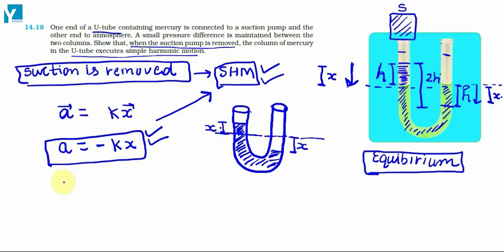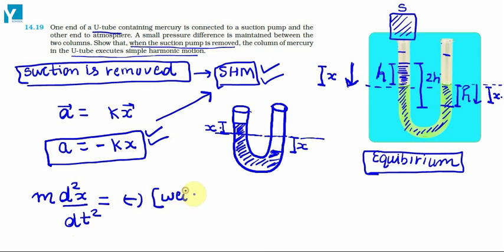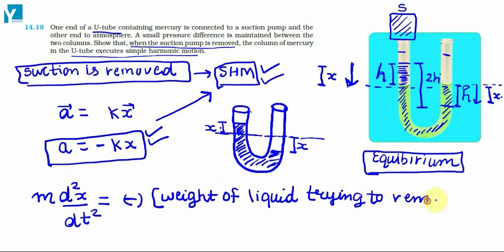If I try to write the equation of motion of the liquid filled inside the U-tube, I can write mass of the liquid into d square x by dt square is equal to minus weight of liquid trying to regain its position.